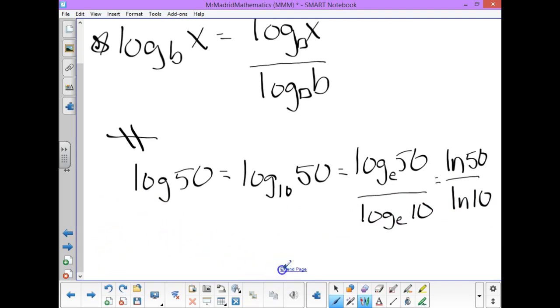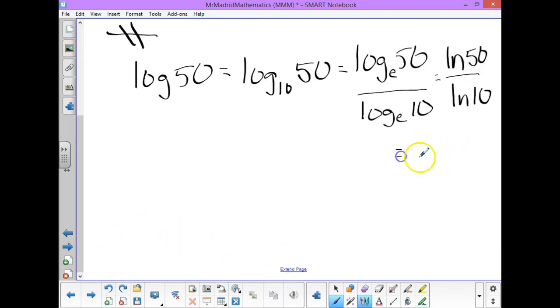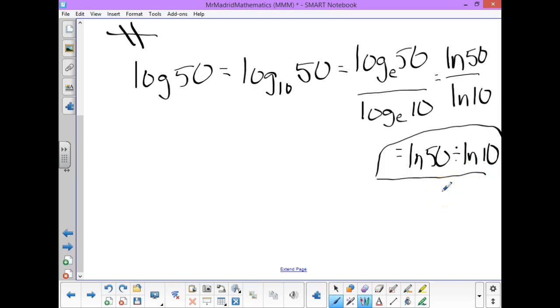What else can we do with that? Let's go one step further. We can write this as the natural log of 50 divided by the natural log of 10. This will be the form that we'll stop at. Notice that it's in the form of a natural log. Alright guys, appreciate your time. I'll see you in class with questions, comments, and concerns.